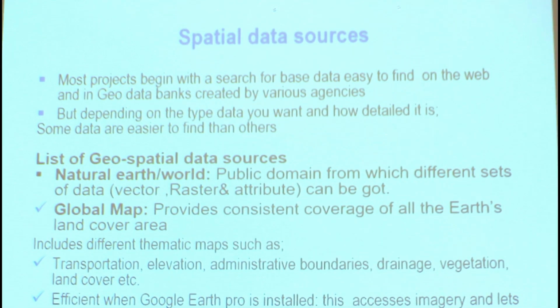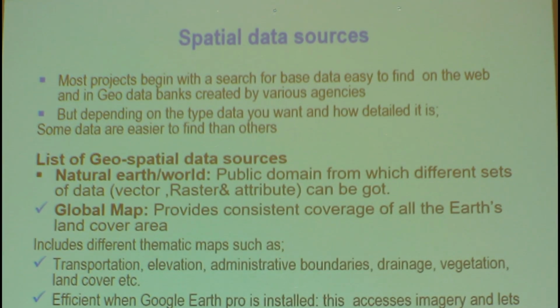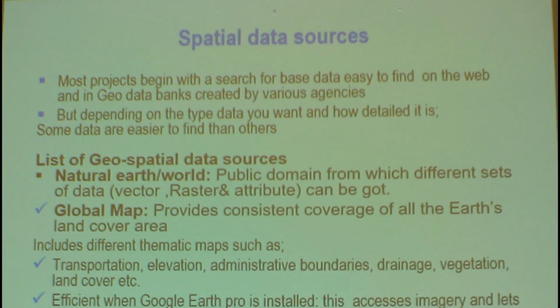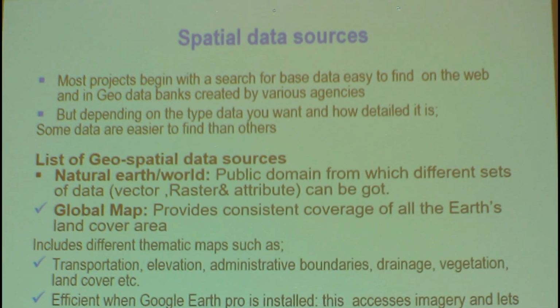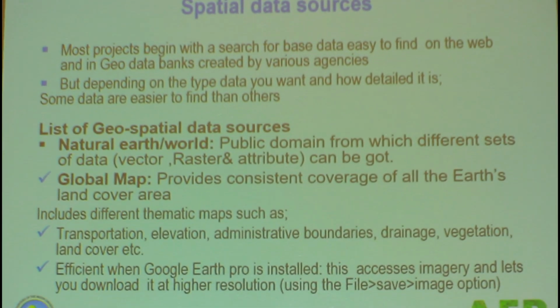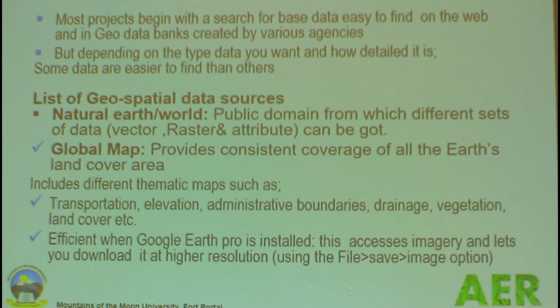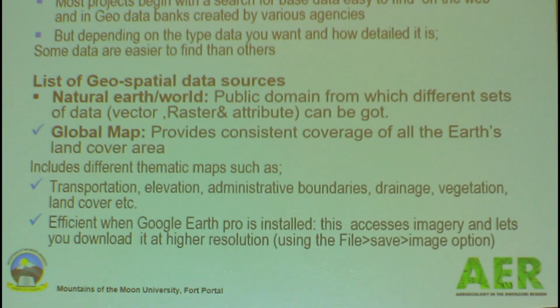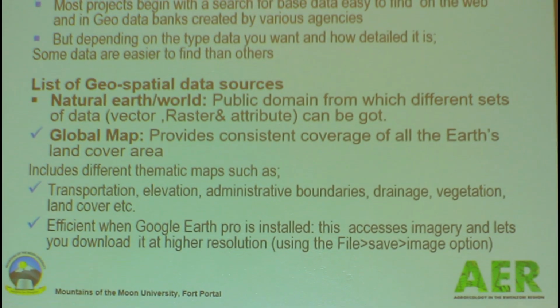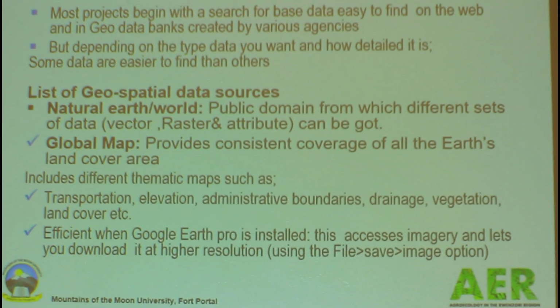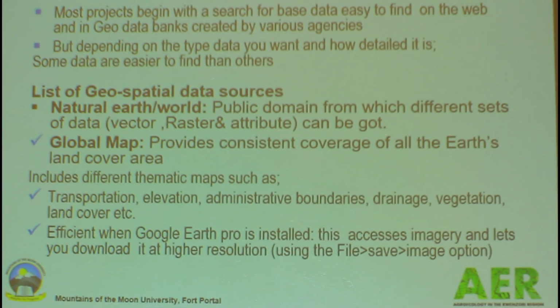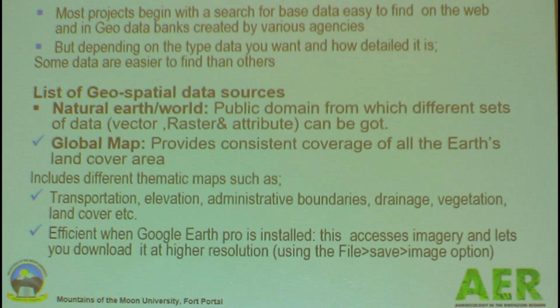So it is very important, before you pick a spatial data type and begin using it, to understand for what purpose you need it, and to understand the quality or nature of the data you are going to use. Some data can be of very good quality, while other data can be of poor quality.